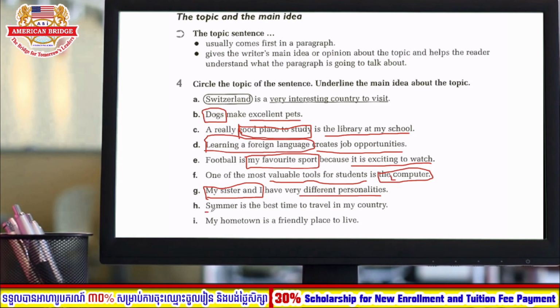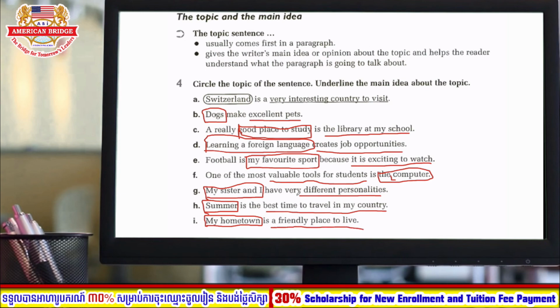So summer is the topic, and the best time to travel in my country is the main idea. My hometown is a friendly place to live. So this topic is about the hometown, and the paragraph may be written to describe the hometown. And the main idea is a friendly place to live.